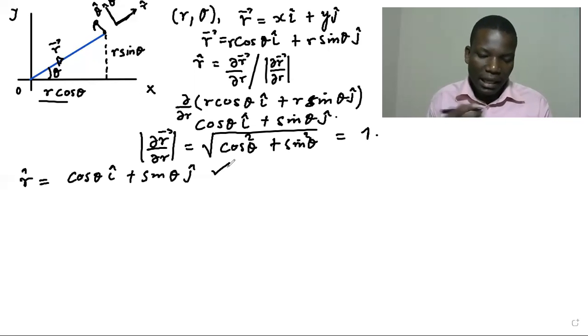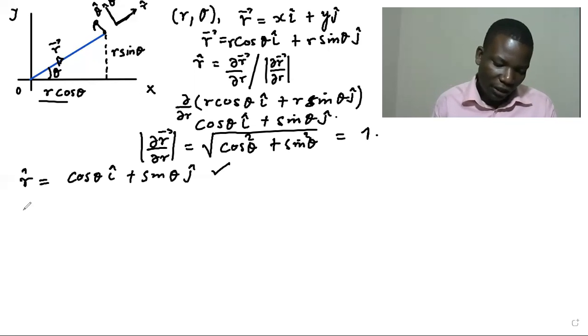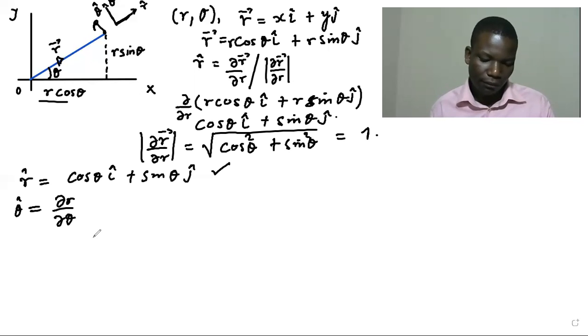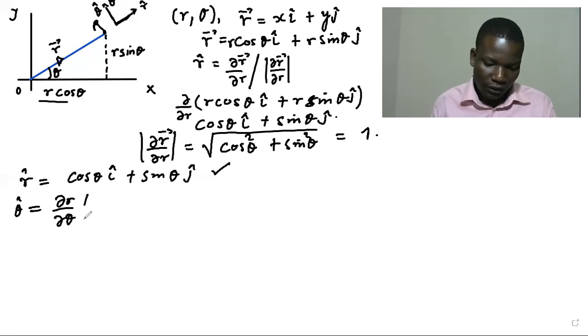So as theta increases, the unit vector in rotation is going to be the small change in r with change in theta, and then we divide by the magnitude.